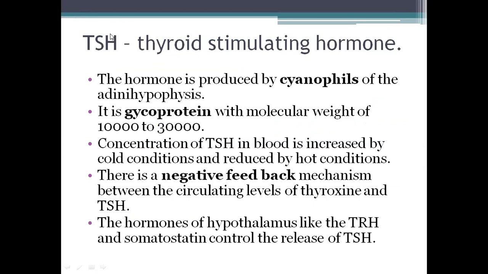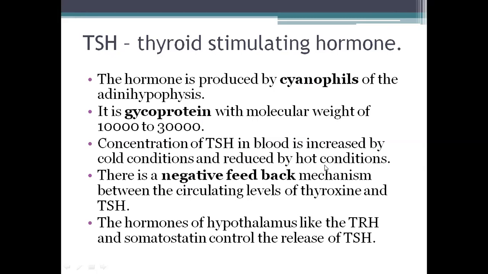Another important hormone secreted by the anterior pituitary is the thyroid stimulating hormone. It is produced by the thyrotrophs of the anterior pituitary. Again, it is a glycoprotein, an amino acid chain associated with carbohydrate, and control is through negative feedback. Usually, under cold conditions, more and more TSH is produced.